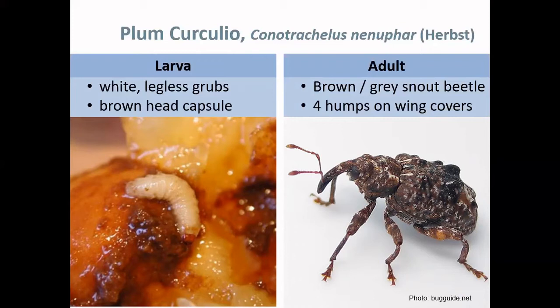Plum curculios are of the weevil family, so they're a snout beetle. In other words, you can see this long, almost like an elephant trunk that extends, and this is what they use to pierce into the fruit. With plum curculio, the adults have 4 distinct bumps on the back of their wing covers, but this can only be seen under high magnification.